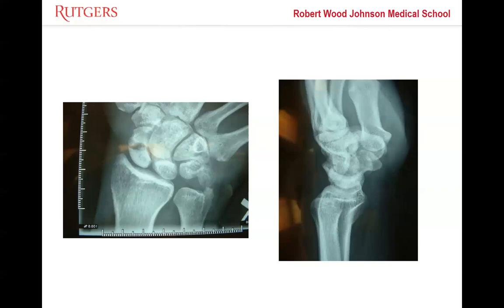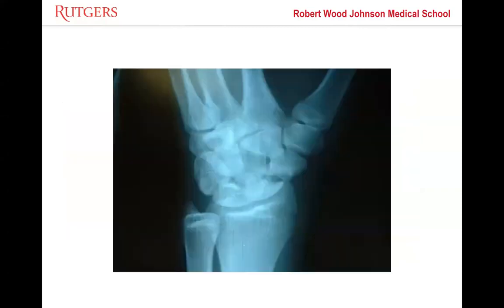Yep, I think you're on the right track here. And I'll show you the oblique. So it's an established non-union. So Anna, what do you want to do next? Go ahead.